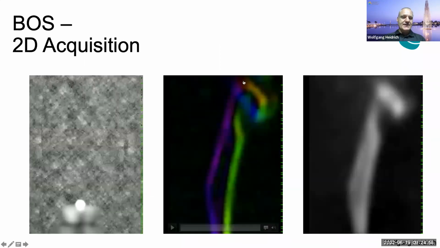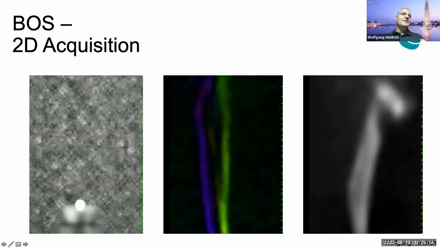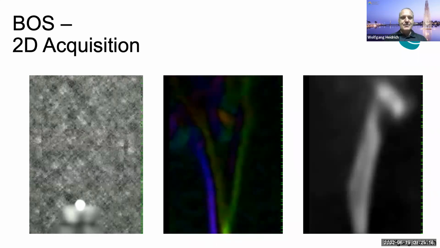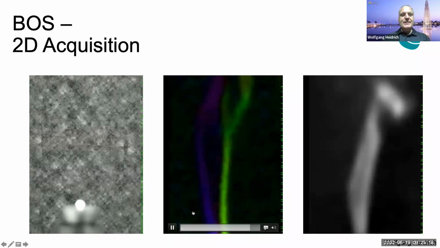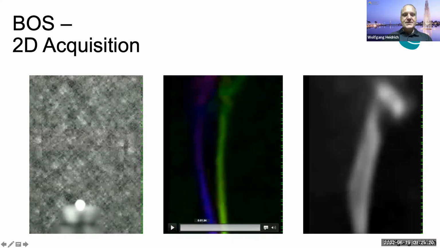I find this very fascinating. This is actually a video, even though I'm sure you will not be able to see anything. Visually, the information is just not there. But if you compute 2D optical flow and visualize it with a color map, you get this information. You start understanding a little bit.